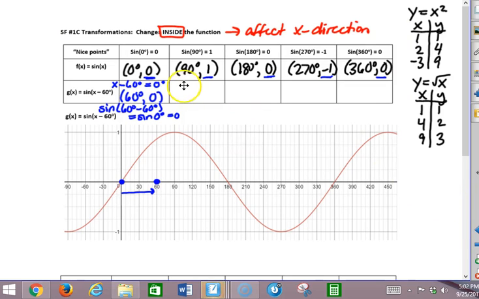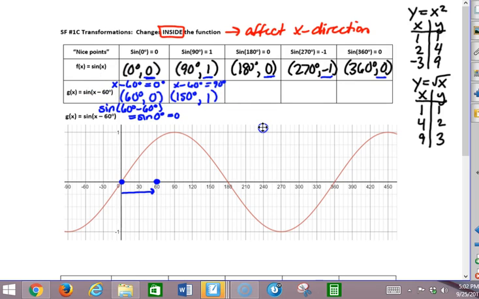Okay, in my next point now, I want the argument of the function, the value of this angle inside the function, to equal 90. So in other words, I want x minus 60 to equal 90. So what does x need to be? Well, x needs to be 90 plus 60, or 150. So if x is equal to 150, 150 minus 60 is 90, and then my y value would be 1.